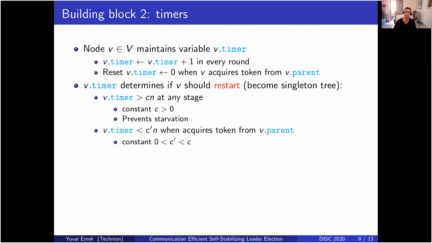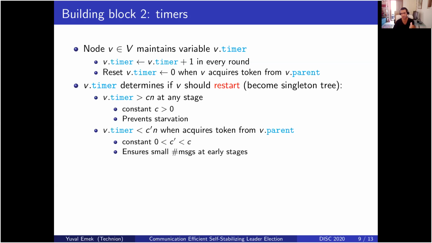The second condition for a restart is if V acquires a token from its parent while its timer is too small. And this is done essentially in order to ensure that a small number of messages are sent also at early stages of the execution.